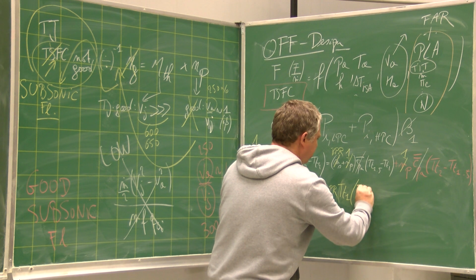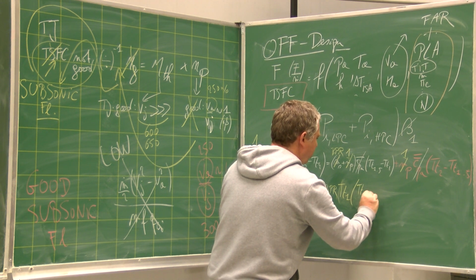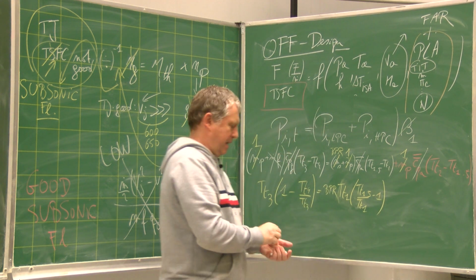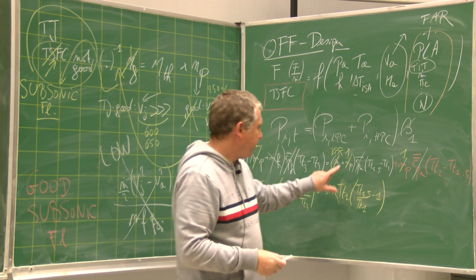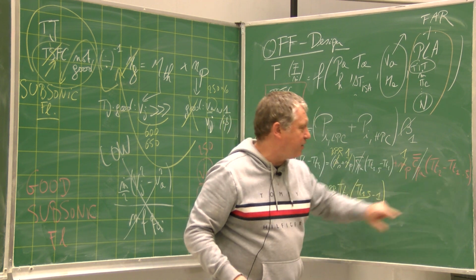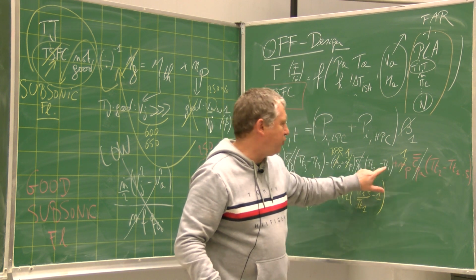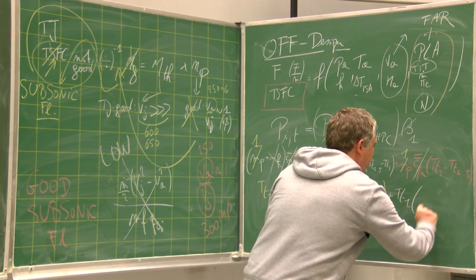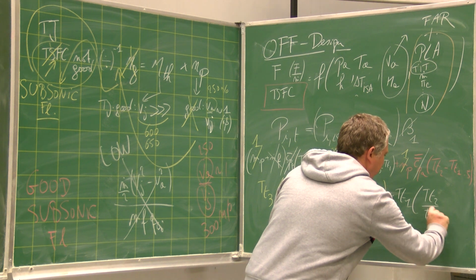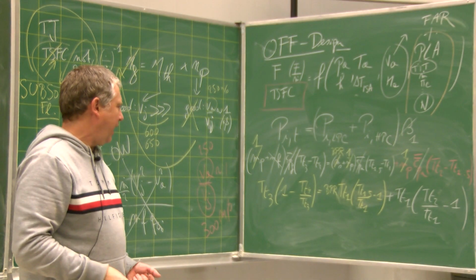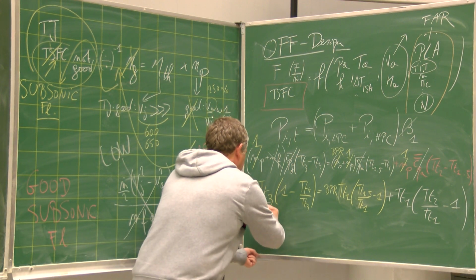And so I have Tt1.5 divided by Tt1 minus 1. And here I have 1 Tt1.5 minus Tt1, 1 Tt2 minus Tt1.5. I have Tt2 minus Tt1. I write this Tt1 and here Tt2 divided by Tt1 minus 1. Okay? I divide everything by Tt1.